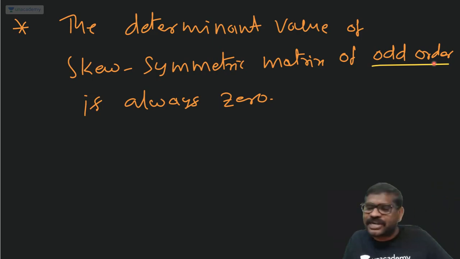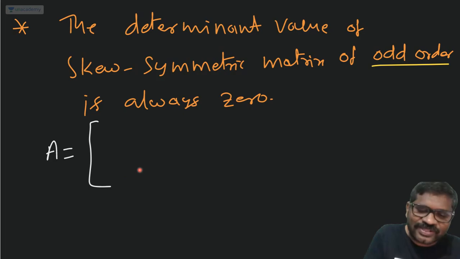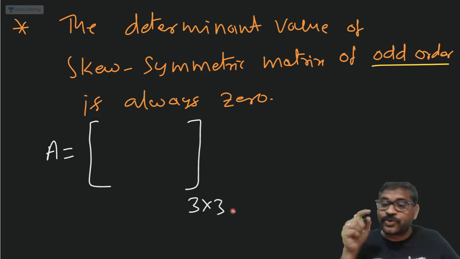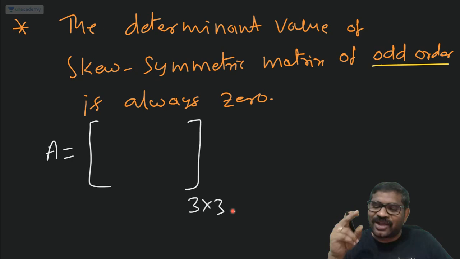The determinant value of a skew symmetric matrix of odd order is always 0. Let us take matrix A, 3 cross 3. I already told you, principal diagonal elements of a skew symmetric matrix are always 0.